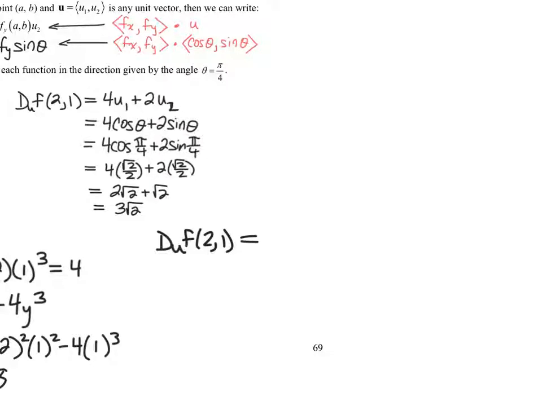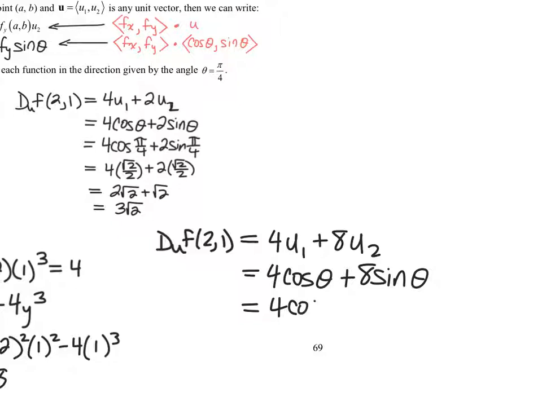So we're looking at 4 u sub 1 plus 8 u sub 2, which corresponds to cosine theta, sine theta, because we're talking about a unit vector, and unit vectors can have direction. So we're saying 4 cosine theta plus 8 sine theta.